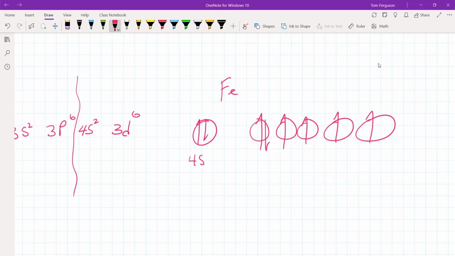So this is subshell S, subshell D. So the subshells are S, P, D, and F. And that's for ground state, neutral, iron. You have to specify all those.